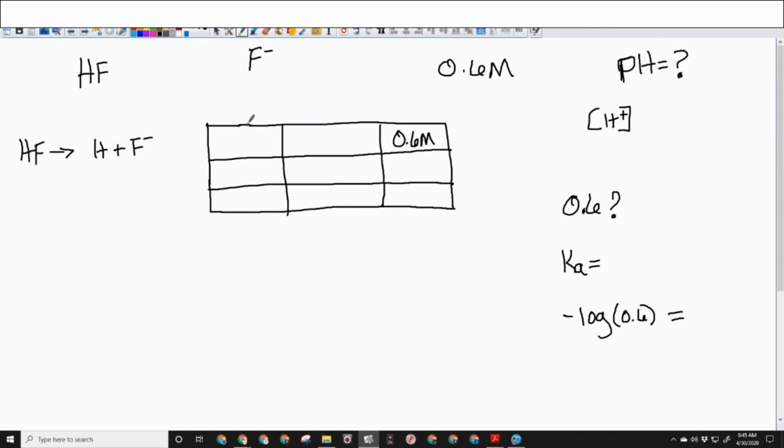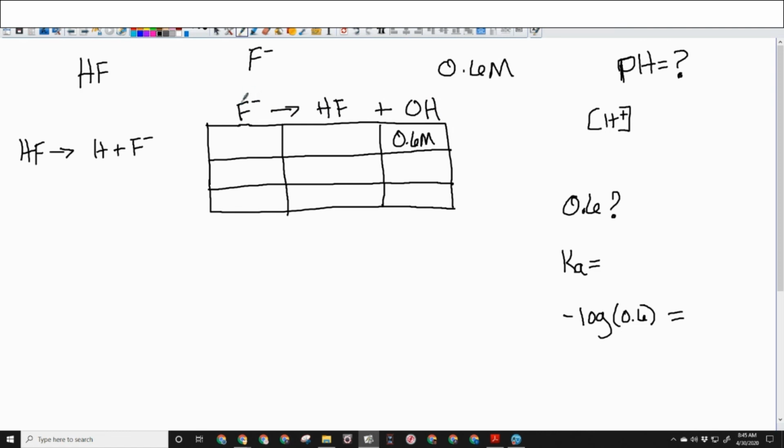Okay, so we're starting off with this, and this is going to go to HF plus OH- because this is a hydrogen acceptor.